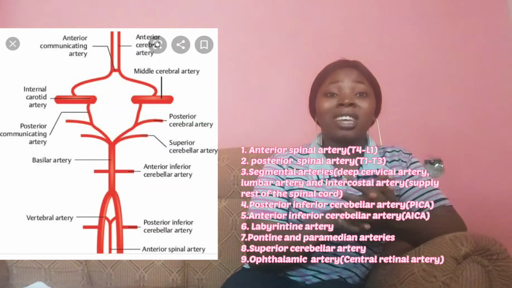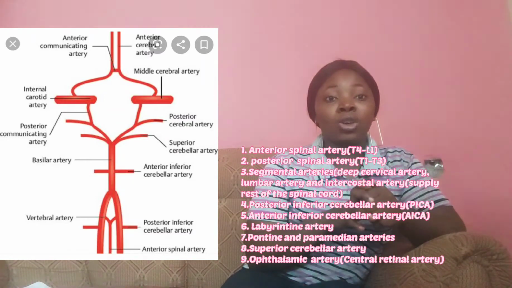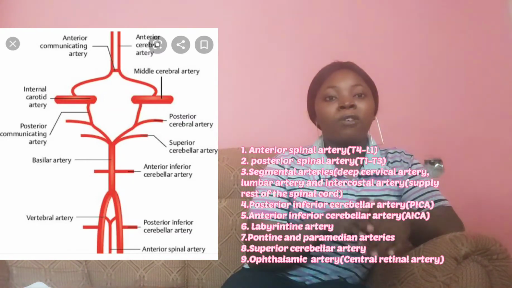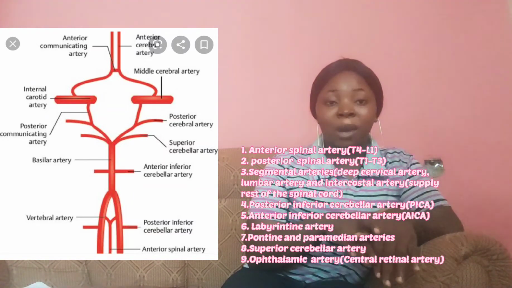There comes the segmental artery, which supplies the rest of the spinal cord.